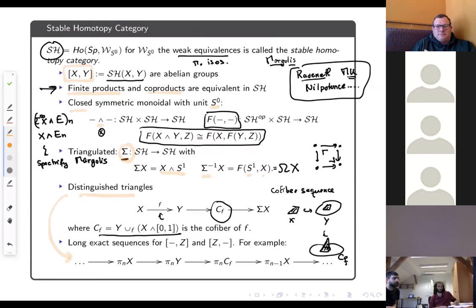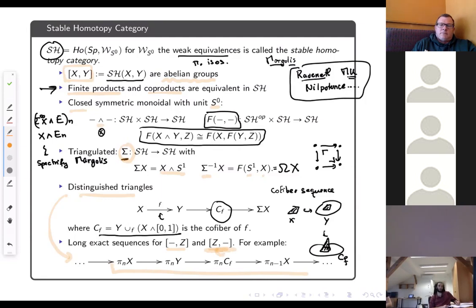If you take a distinguished triangle and you apply either of these functors, you get abelian groups, so you can talk about long exact sequences. You get those from applying these functors to distinguished triangles. And in particular, if you take this one and you take Z to be the sphere, then you get a long exact sequence on homotopy groups.